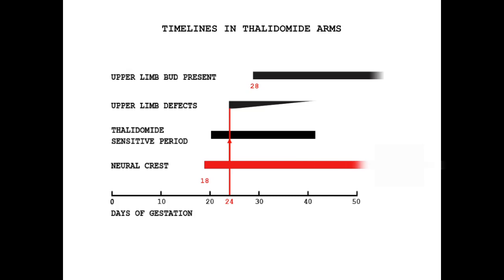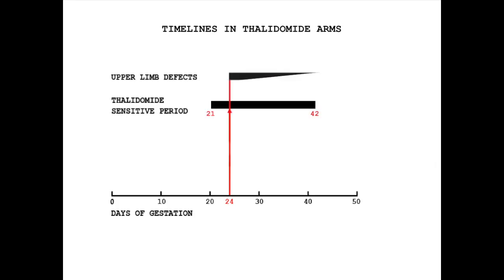Metabolically active cells are more vulnerable to injury than quiescent cells. This is the basis of many cancer treatments. Cell activity also increases the vulnerability of neural crest cells over other cells in the early embryo.